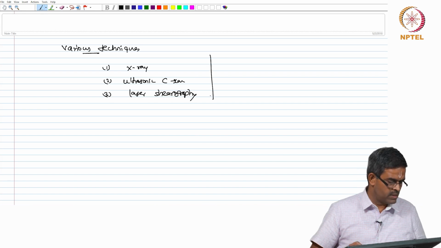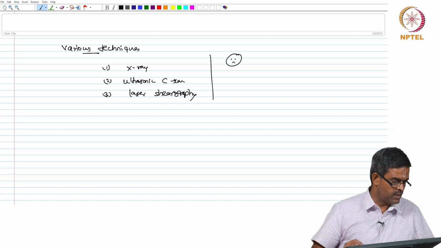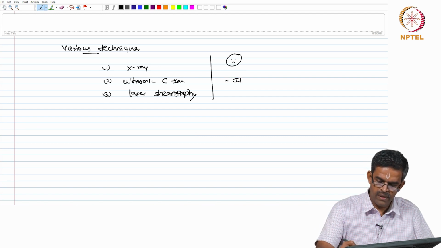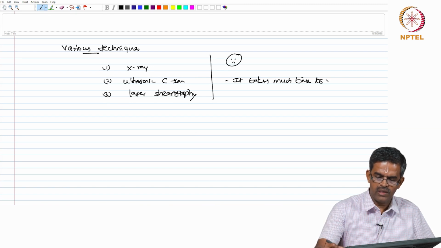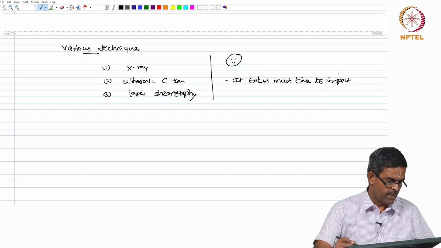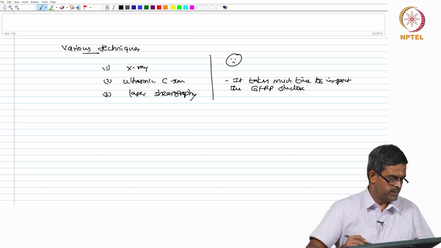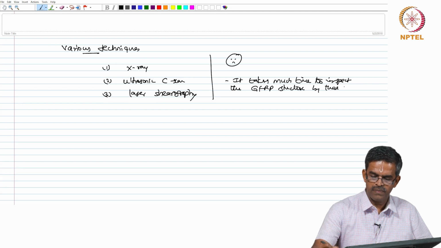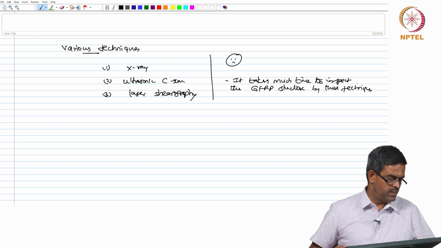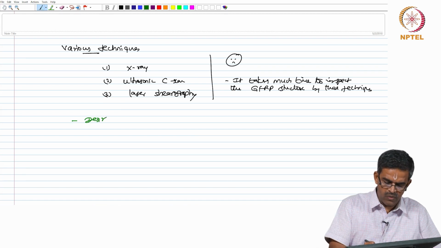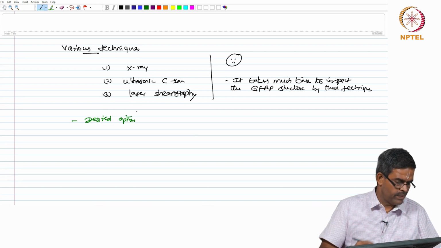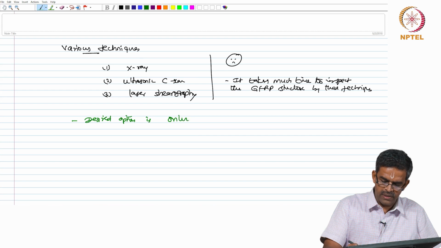Now, with these methods there are some difficulties: it takes much time to inspect the laminate or the GFRP structure by these techniques. Therefore, what is desired is online detection of damage.